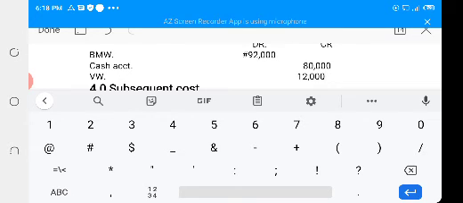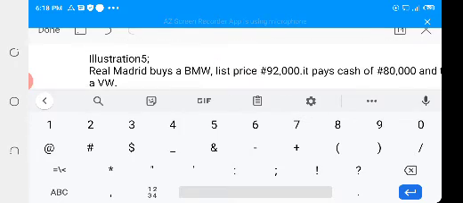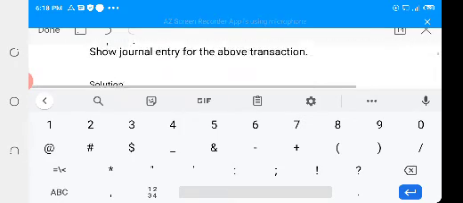You are not told, so the balance will be 12,000.